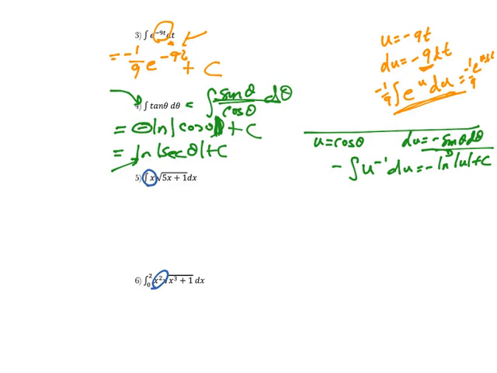Okay? So typically I'm going to let u be whatever's inside that radical. So inside that radical is 5x plus 1. So that means my du is 5 dx.